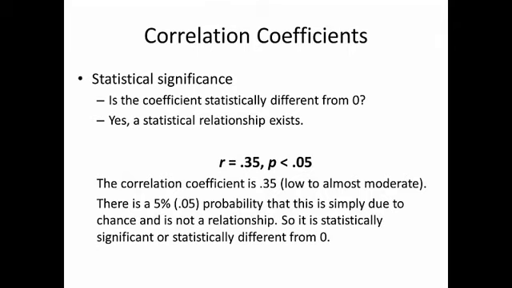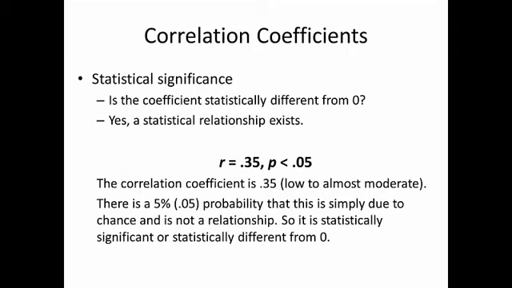When you're looking at correlation in research articles, look for the statistical significance and the alpha level that the researcher set. Basically, you're asking yourself, is the coefficient, that r, Pearson's rho, statistically different from 0? And if the answer is yes, then there is a statistical relationship. So here's an example.